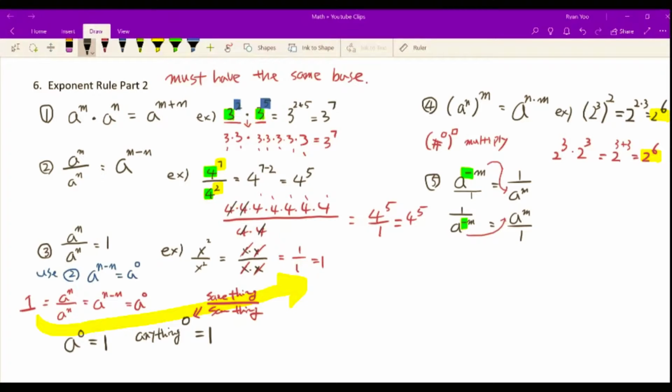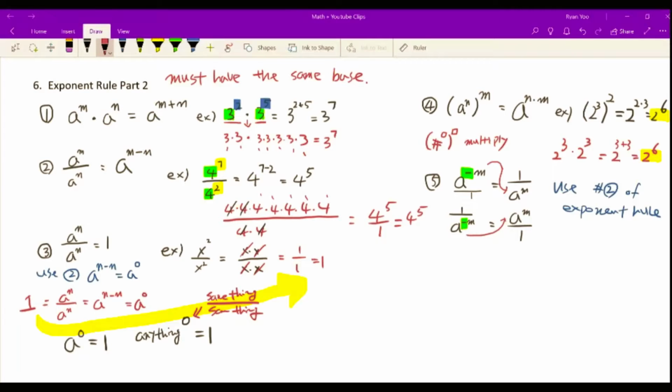So for example, let's do why first. This is actually coming from exponent rule number 2. So we are going to use rule number 2 to find out why.